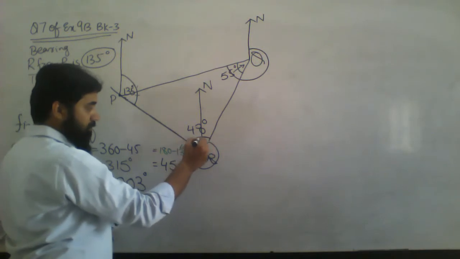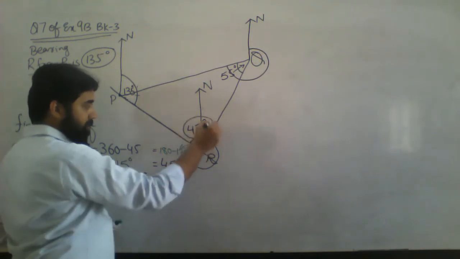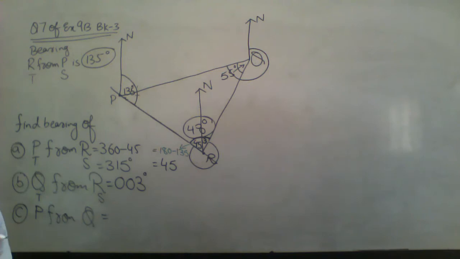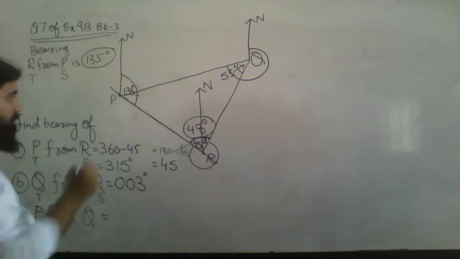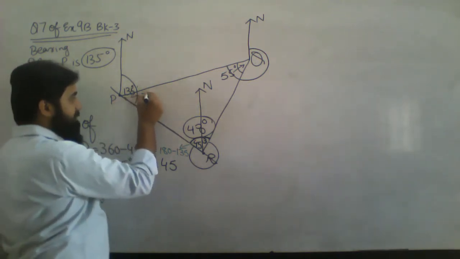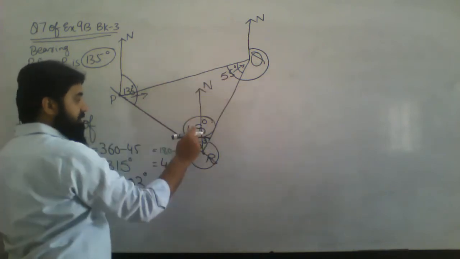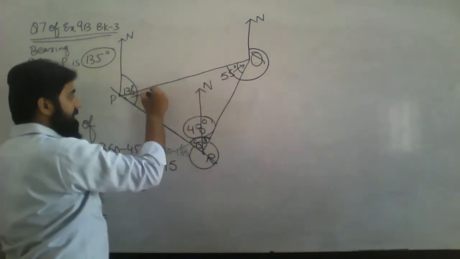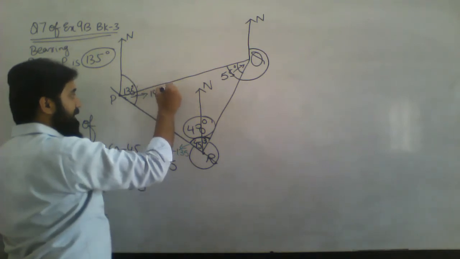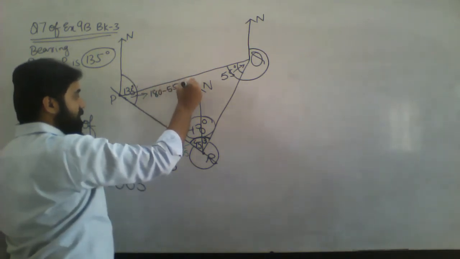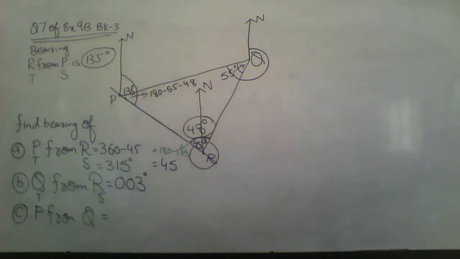This whole angle was given as 48. Okay, so can I find this piece? It's a complete triangle. This is 55, this is 48. So how will I find this one? 180 minus 55 minus 48.